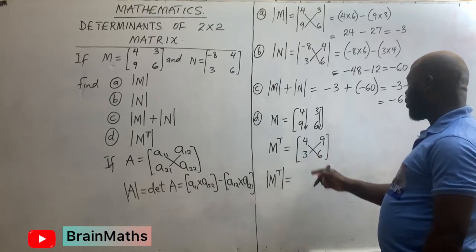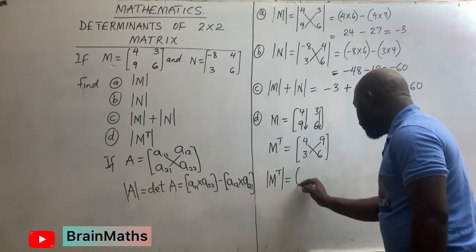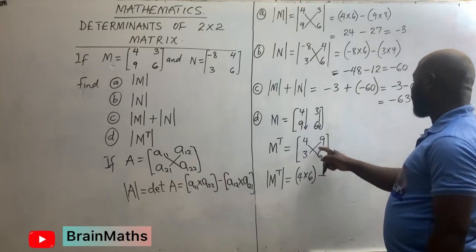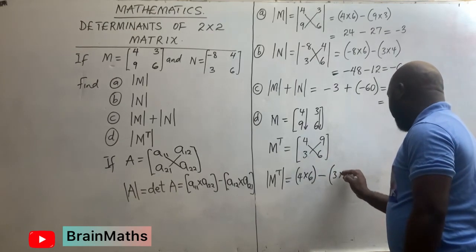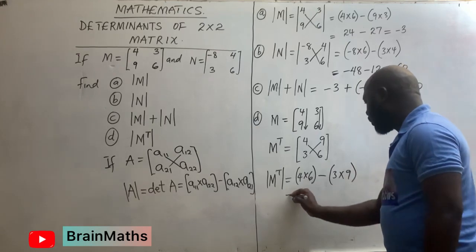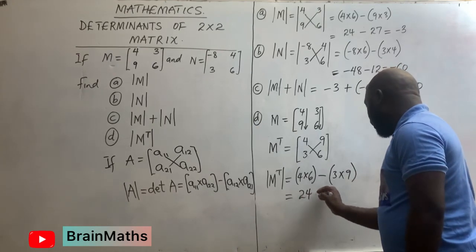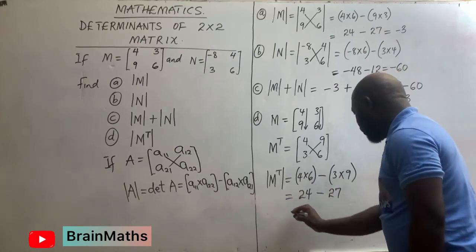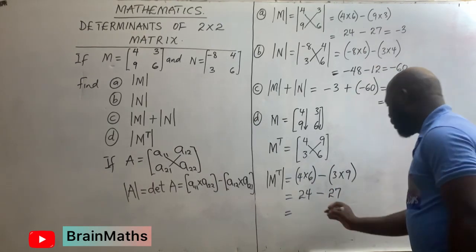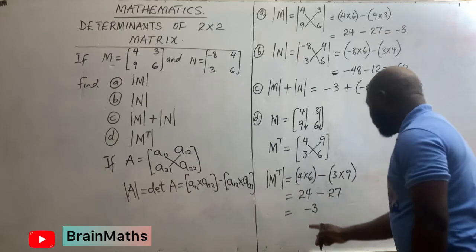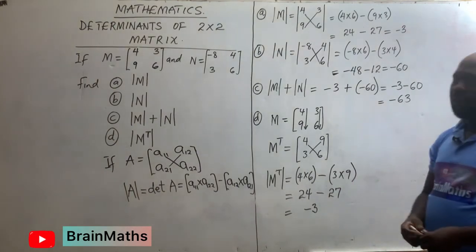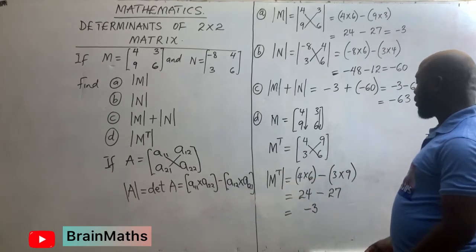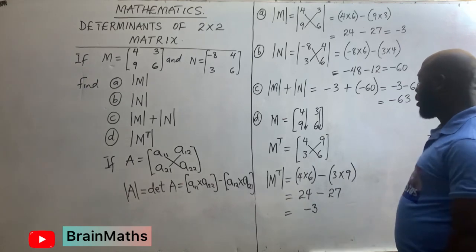The leading diagonal gives 4 times 6, minus the second diagonal, which gives 3 times 9. 4 times 6 is 24 minus 3 times 9, which is 27. 24 minus 27 is going to give us minus 3. So the determinant of M transpose gives another minus 3.